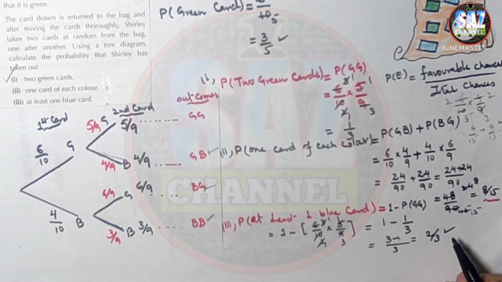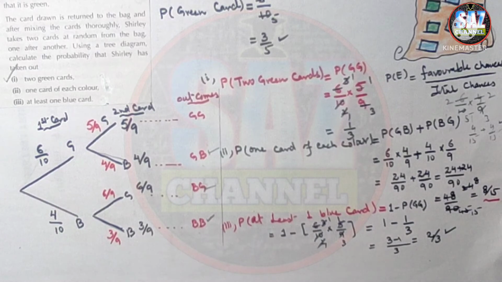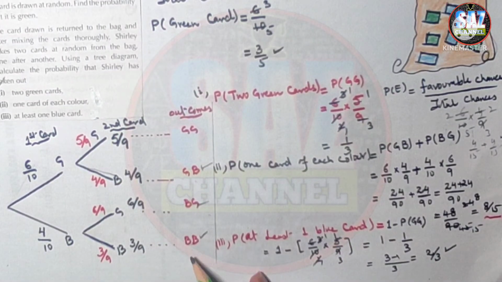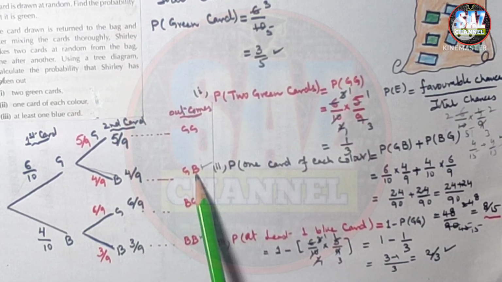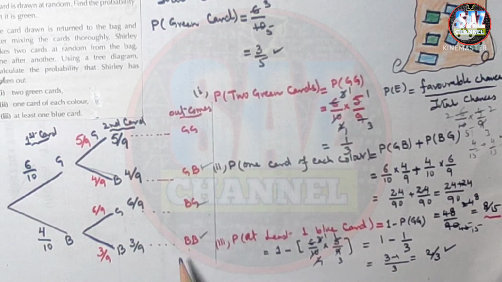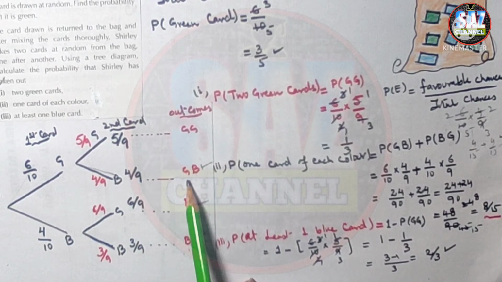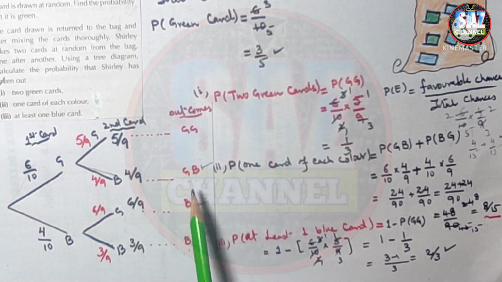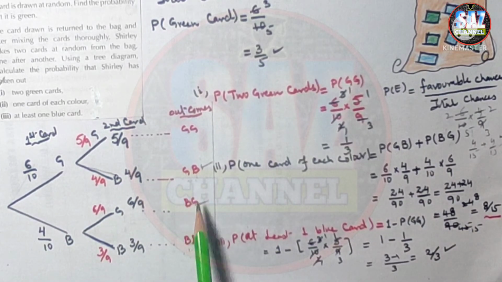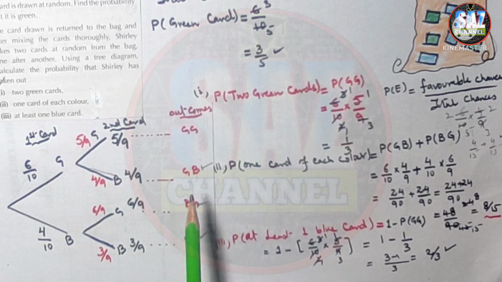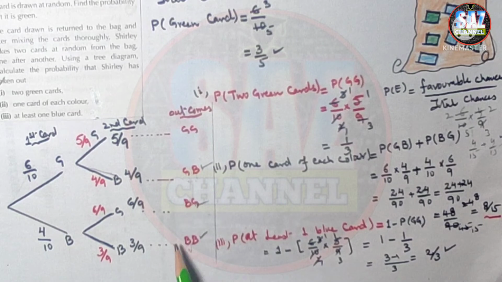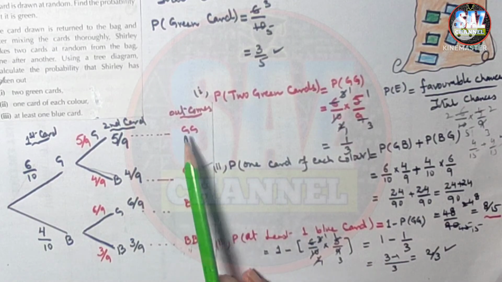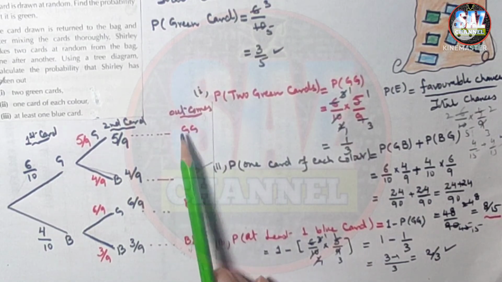I hope you are clear about this part, what the term at least one blue means, that we must have either one card blue or two cards, or all cards blue. So the situations that can be considered are green with blue, blue with green, or blue with blue. So one of the ways is to find these three answers and then add them up, and the other way is that if we look at the fourth situation, that is both green, there is no blue card here.